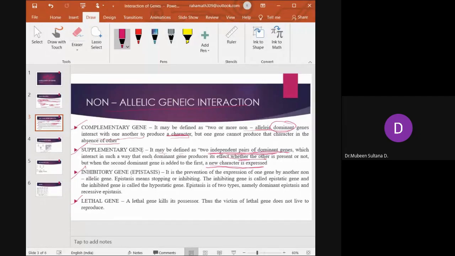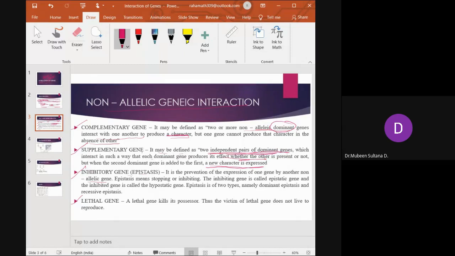Then the third one is inhibitory gene. For this, we have another name called epistasis. Here it is the prevention of the expression of one gene by another non-allelic gene. The word itself, inhibition, gives you the meaning that one gene will suppress the expression of another gene.